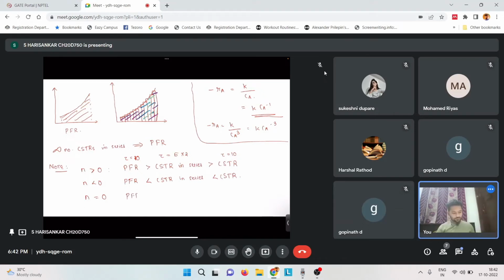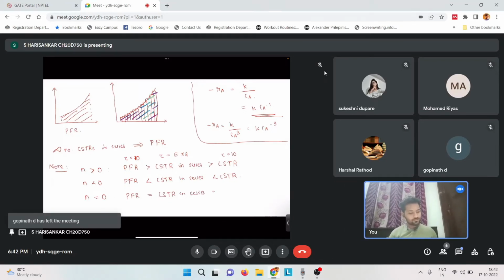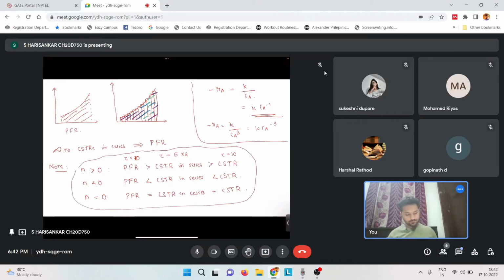PFR will be equal to CSTR in series, will be equal to CSTR. Everything will give you the same concentration or conversion. This is just a general note. It's better you note this because a lot of questions can be asked with this.